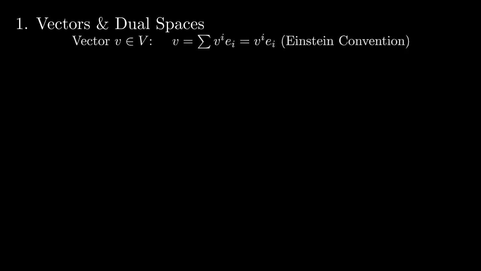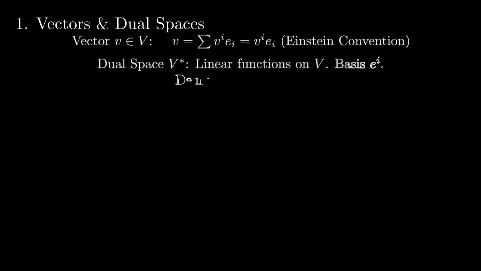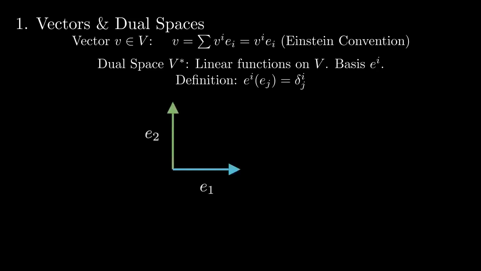Next, we have differential forms. Let's recall we had some vectors, and we can write them in a basis. We can define a dual space for this vector space, and we can define a basis for this dual space also. This is an example of a vector V written in its basis.